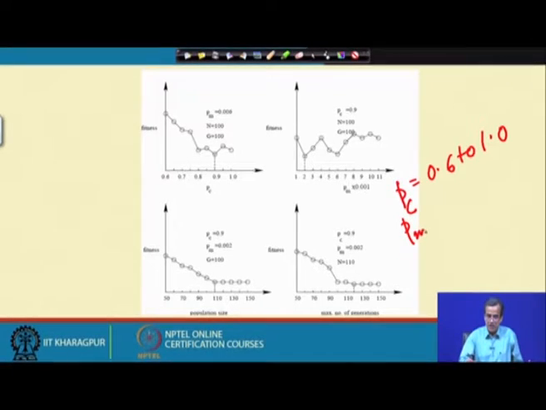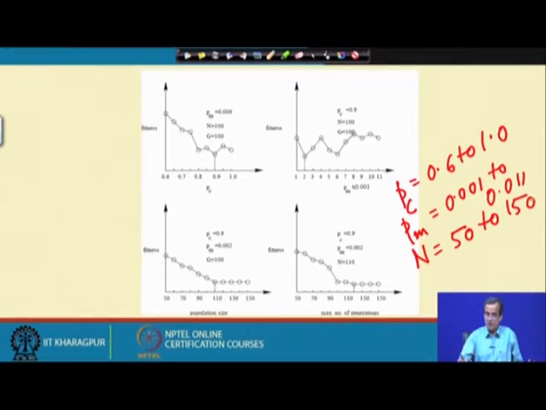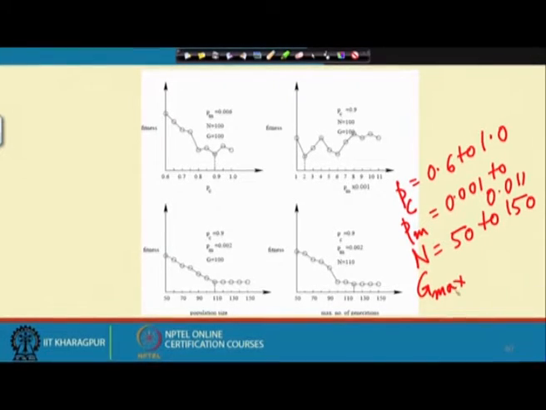The probability of mutation from say 0.001 to 0.011. The population size from 50 up to say 150. Similarly, the maximum number of generations, G max, from 50 up to say 150. So, this range we will have to fix first.